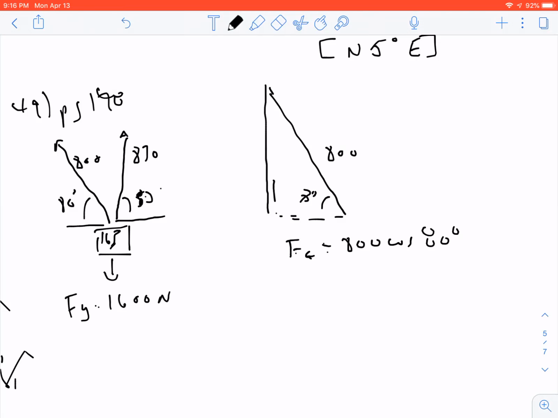And my force up is going to be equal to my hypotenuse, 800 times the sine of 80 degrees. Okay, which turns out the two of them are 139 newtons.